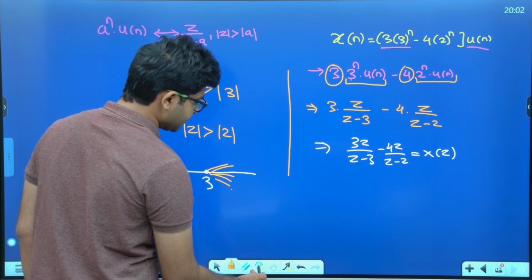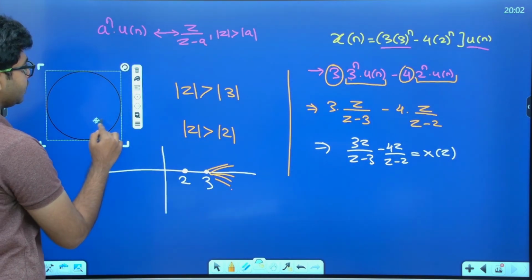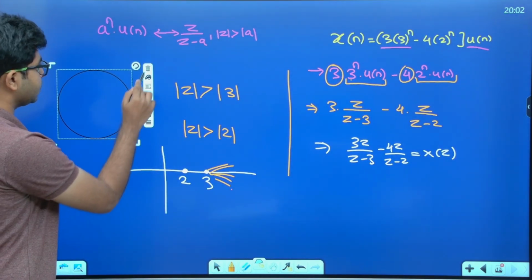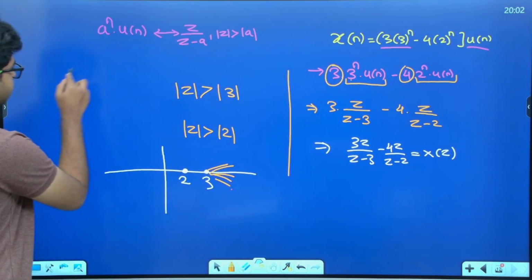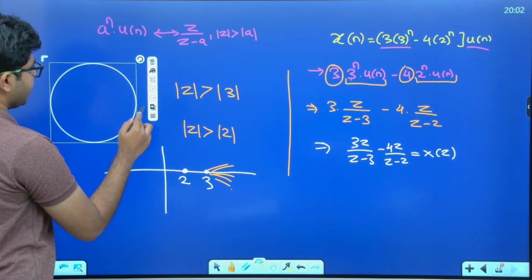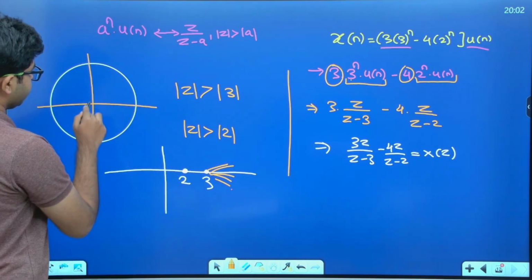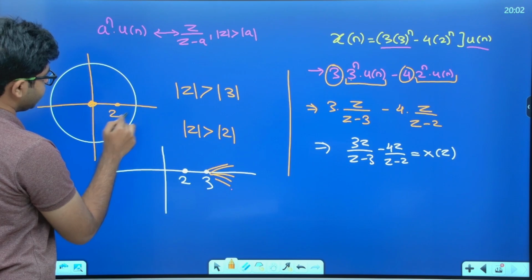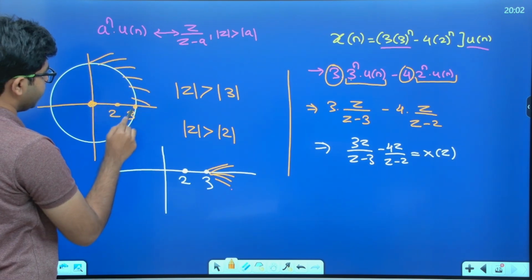If I draw a simple circle, I hope this is visible. Okay, let's take another color. If I draw a simple circle like this, and let's say this is 2 and this is 3, the ROC will be Z greater than 3 ultimately.